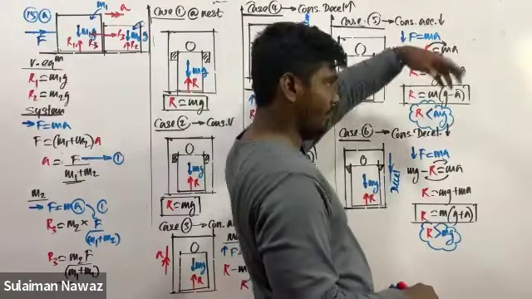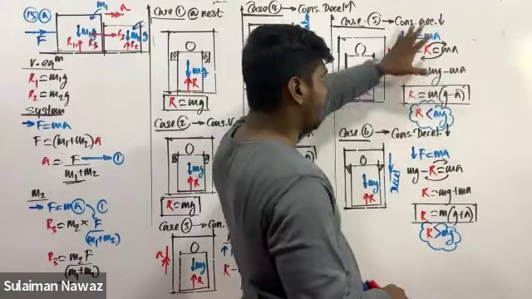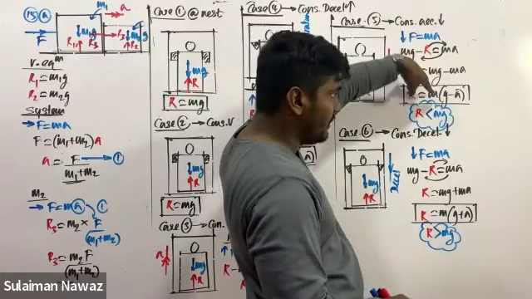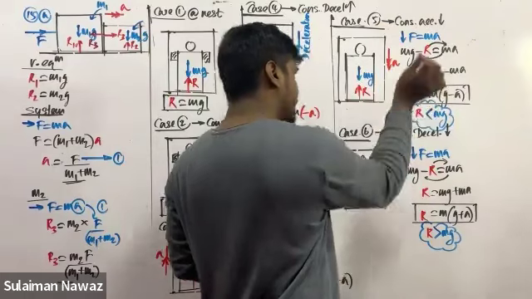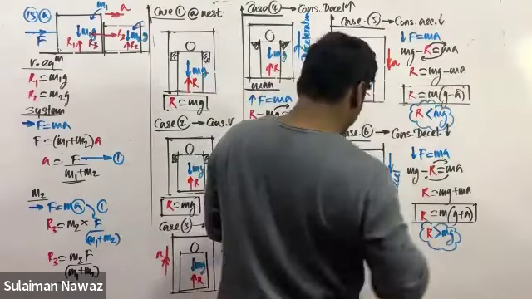When you apply F equals ma downwards, you derive all the things, then you get the answer. But I take this equation and substitute the downward acceleration.